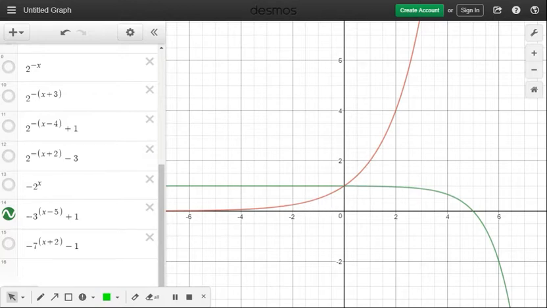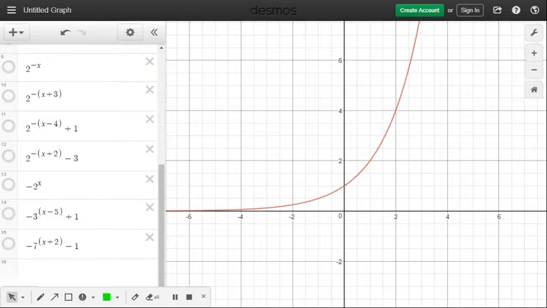But since there's a negative outside a function, we see that it flips or reflects across the x-axis, but it also shifted 5 units to the right because there's the minus 5 with the x. So x minus 5 means shifted 5 units to the right, and then it shifted 1 unit up. So there's a plus 1 after the x. So plus 1 means 1 unit up.